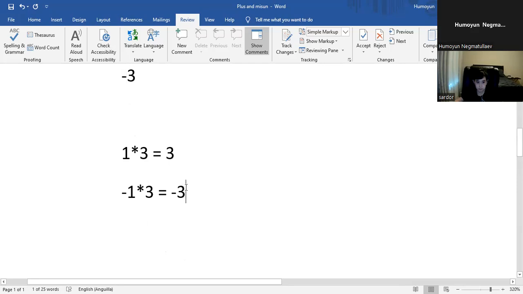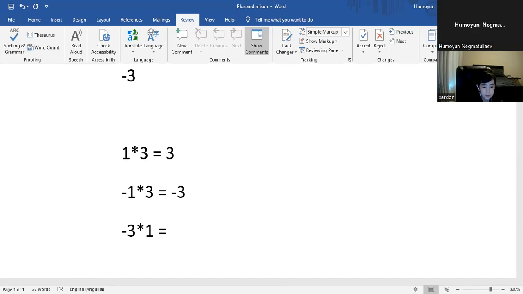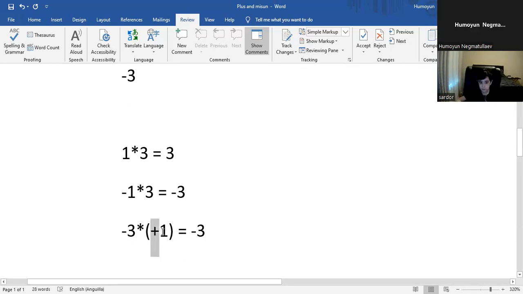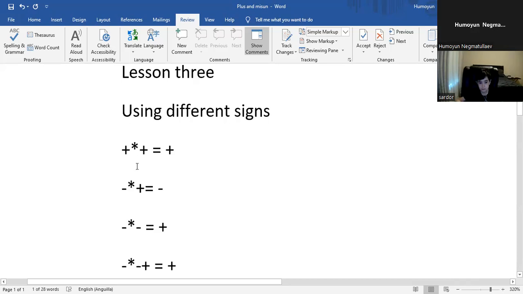Look, if -3 is multiplied by 1, then the result is going to be -3, because the sign of 1 is plus, even though we never write it. So it's +1.